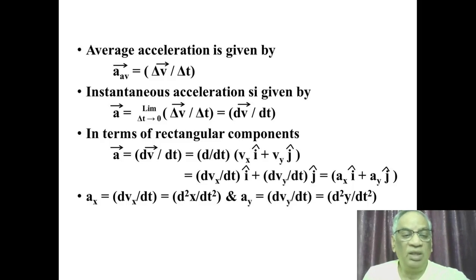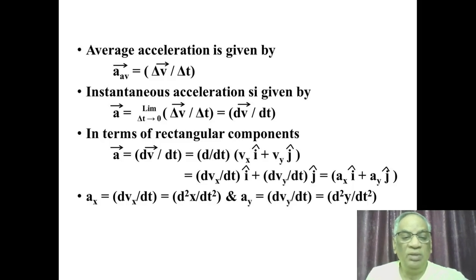In terms of rectangular components, a bar is equal to dv bar by dt, that is d by dt of vx i plus vy j, where vx and vy are the velocity components in the x and y directions. That is equal to dvx by dt i bar plus dvy by dt j bar. dvx by dt is ax and dvy by dt is ay.